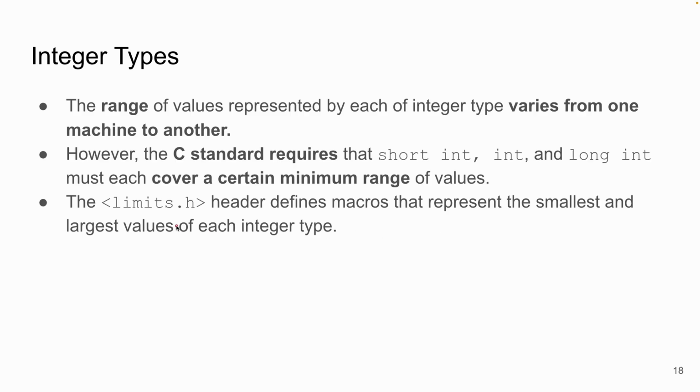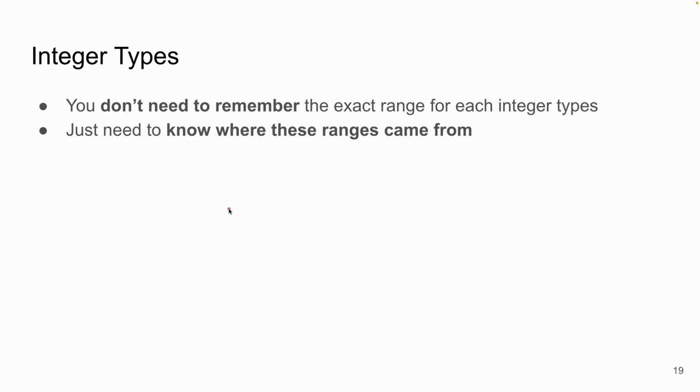So if you want to know that, just check out the contents of this header file. Okay, so this is just what I said earlier. You don't need to remember the exact range, just need to know where this range comes from and why this is the range for the 16-bit integer.